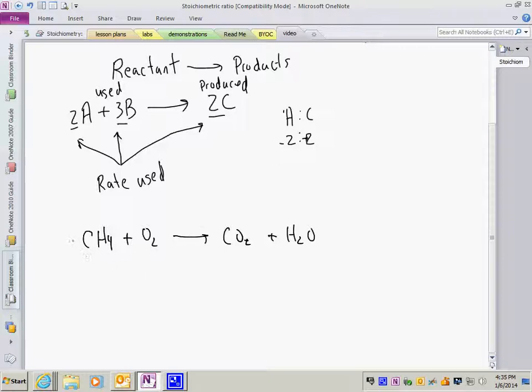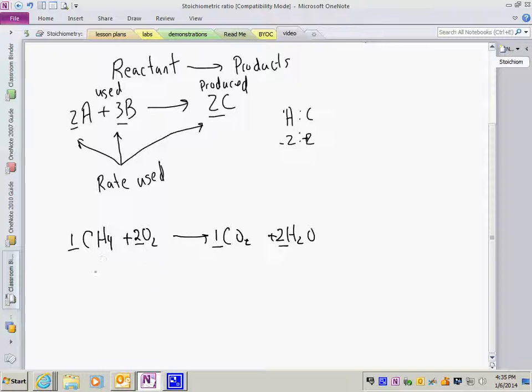But in this case, we will use these coefficients very intently in order to solve problems. 1 carbon, 4 hydrogens. Put a 2 here to give me 4 hydrogens. 2 and 2 is 4 oxygens, and I put a 2 right here. 1, 2, 1, 2.